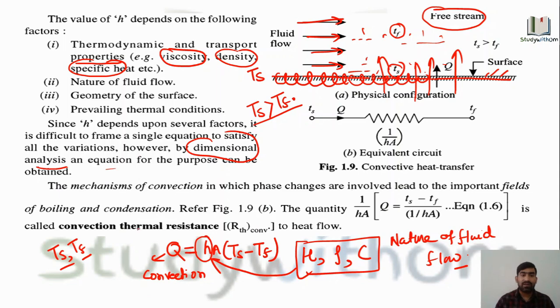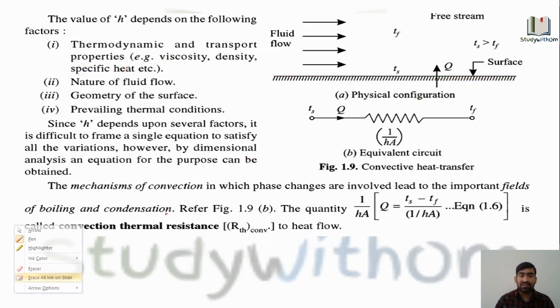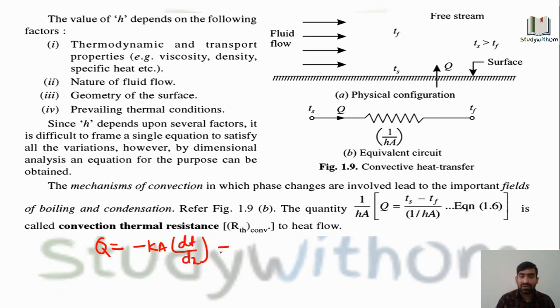So, in case of heat transfer by convection, what inferences we can generate is, as we have seen already in case of conduction, that Q is equal to minus K A dT upon dx, or it can also be written as minus K A delta T upon dx, or L. Suppose it is length L, dx is L. So it can also be written as delta T upon L upon KA in case of magnitude, because it is going to be positive, as dT upon dx is negative and the direction in which heat flows is also negative.